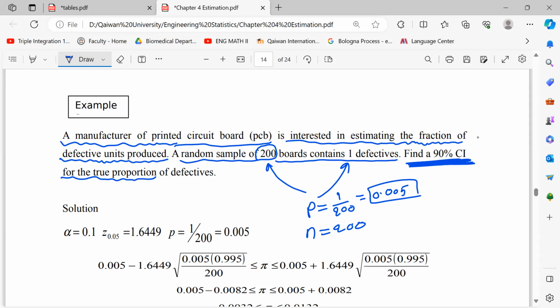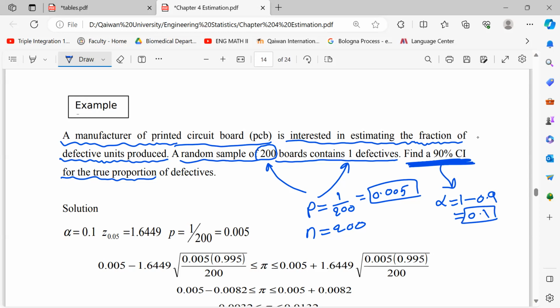It says find a 90% confidence interval for the true proportion of defectives. From this one, we could get alpha. Alpha is 1 minus 0.9, as 90% means 0.9. And this is 0.1.